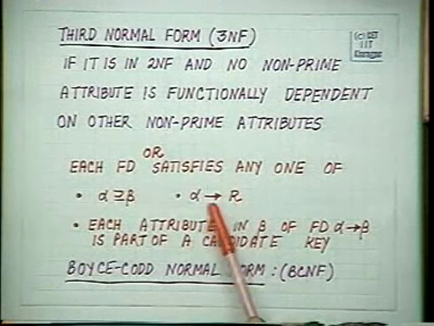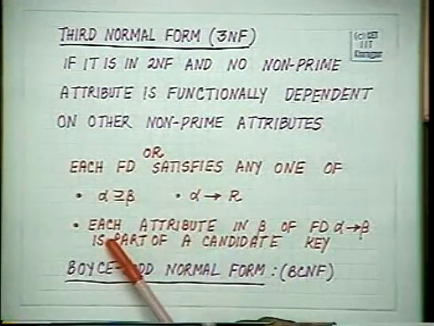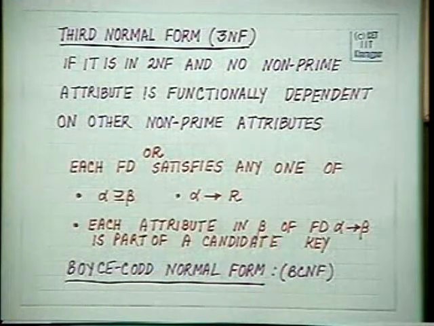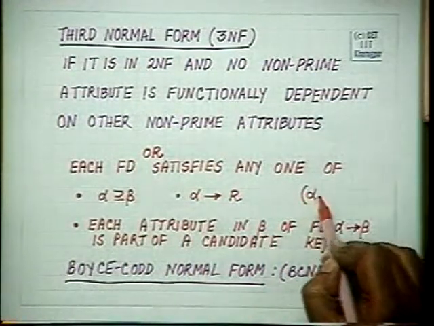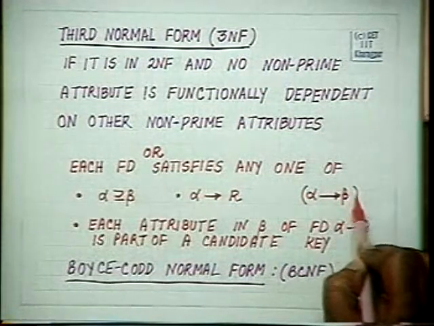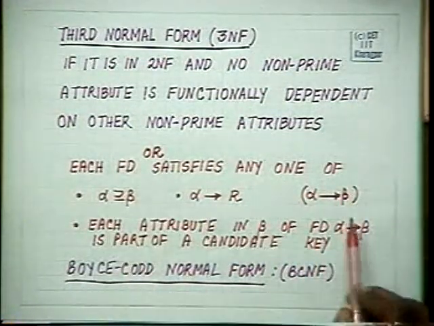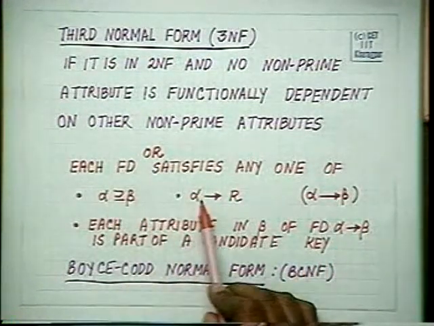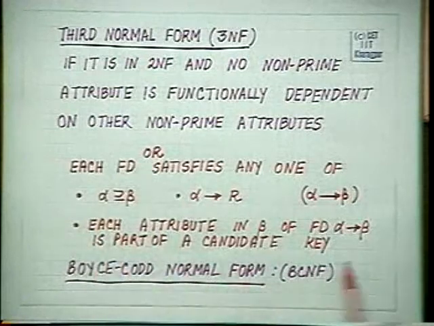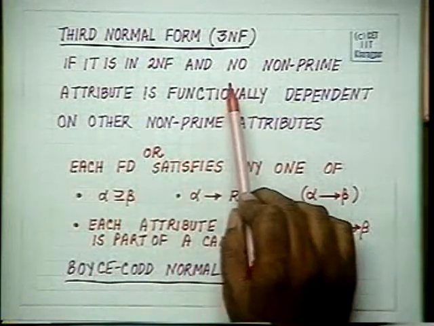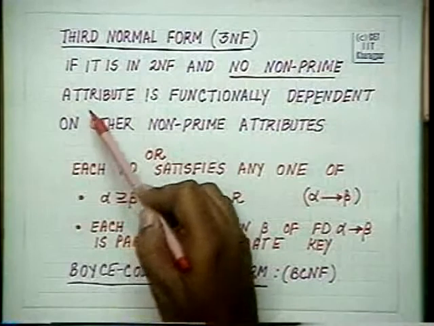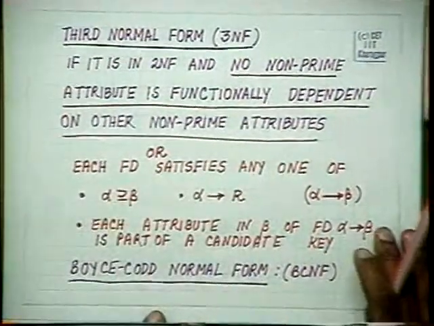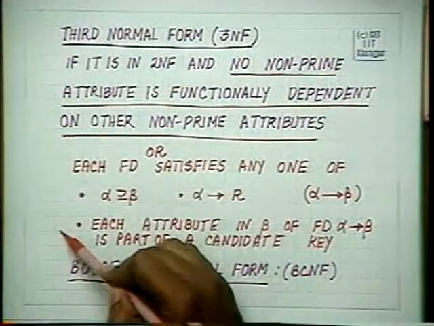Alpha to R, that means alpha is a super key, and the third is that each attribute in beta of the functional dependency alpha to beta must be such that beta is part of a candidate key. So either this holds or this holds or this holds. The third one actually takes into account the case where a non-prime attribute is functionally dependent on other non-prime attributes. That is what this third part takes care of.